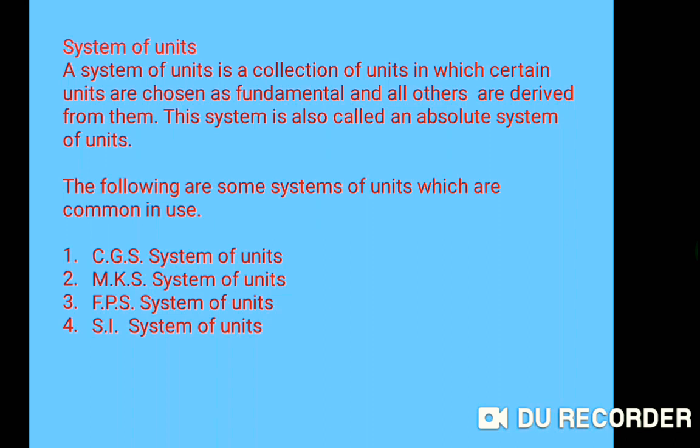So let's start with the first system of units, CGS system of units. It is also called a Gaussian system. In this system, unit of length is centimeter, unit of mass is gram, unit of time is second.